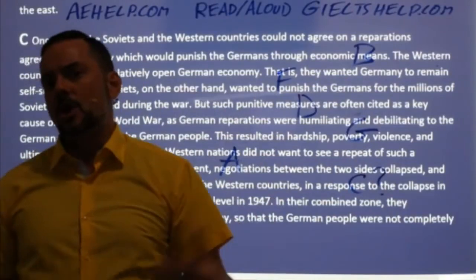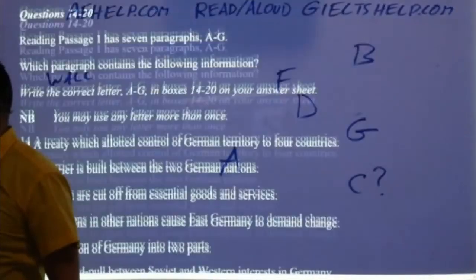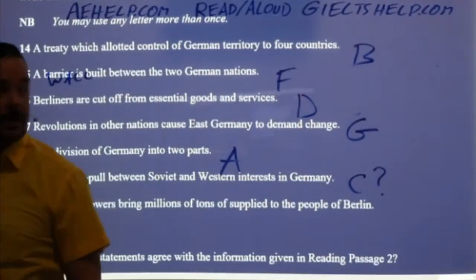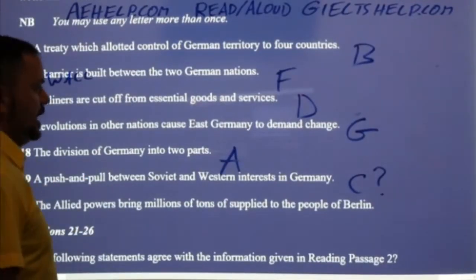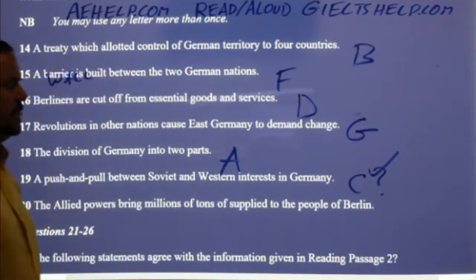So yeah, we know it's C. So very good. Okay. So again, we're confident here. And we go, yeah, that's C. That's where Soviets wanted punishment. The Americans said, whoa, let's take it a little bit easier. That's what caused the Second World War to happen.